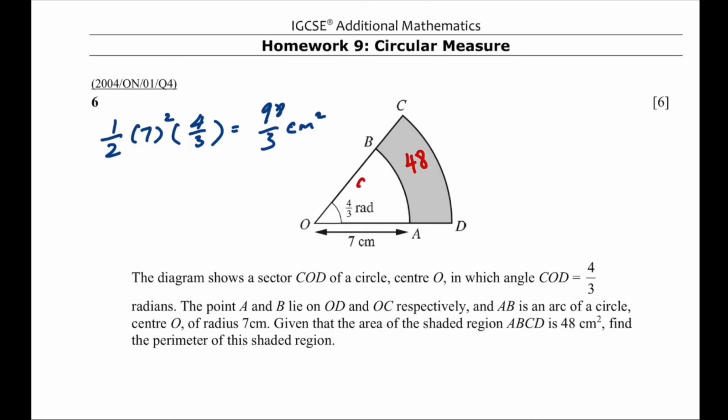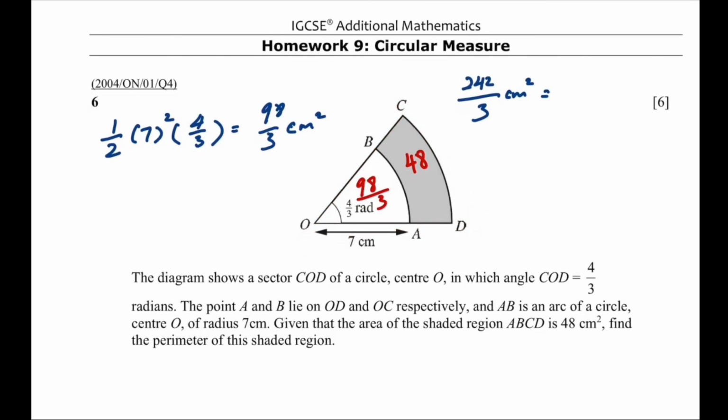So this is 98/3, not 0.3, 98/3 cm square. So the total area of the sector, you have these two add up together. That will be 242/3 cm square, and that is the area of the bigger sector.